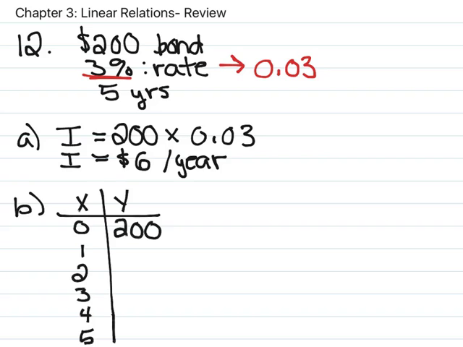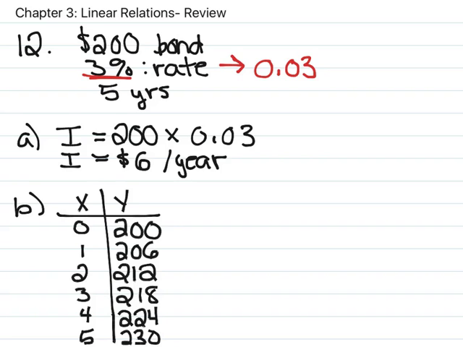We're making $6 a year interest, so after 1 year, we've increased it by $6. After 2 years, we're going to add another $6, and again, all the way down. Perfect. You'll notice that we've increased by $6 each year. We know to do this because our interest is an additional $6 every year.